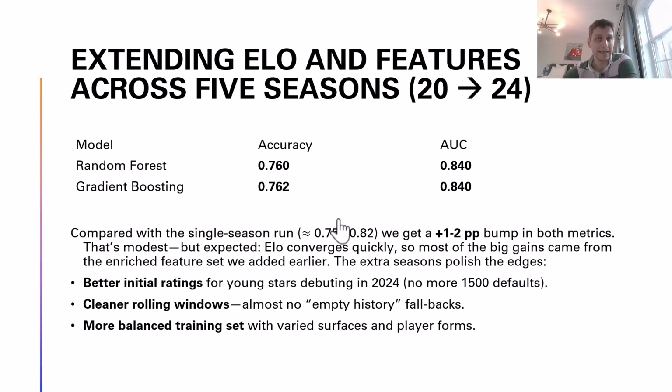Now let's extend Elo and all of those features across 5 seasons. I've only looked at 2024 for the sake of simplicity, but actually I can go all the way back to a long time ago.